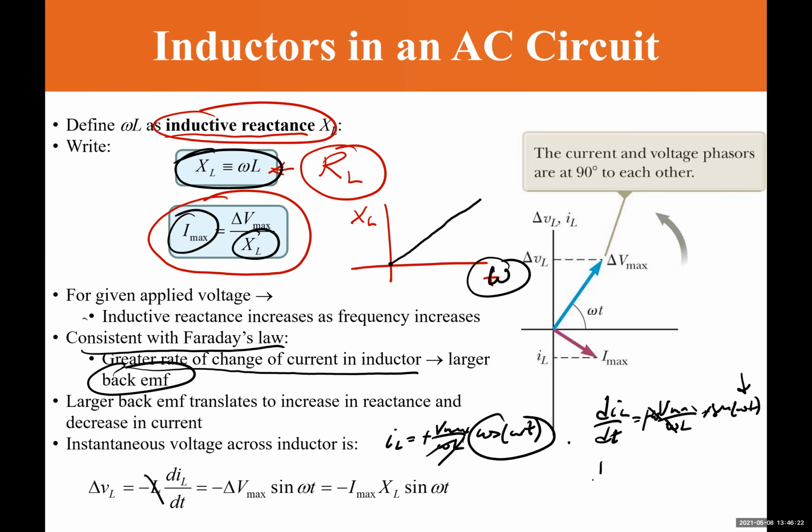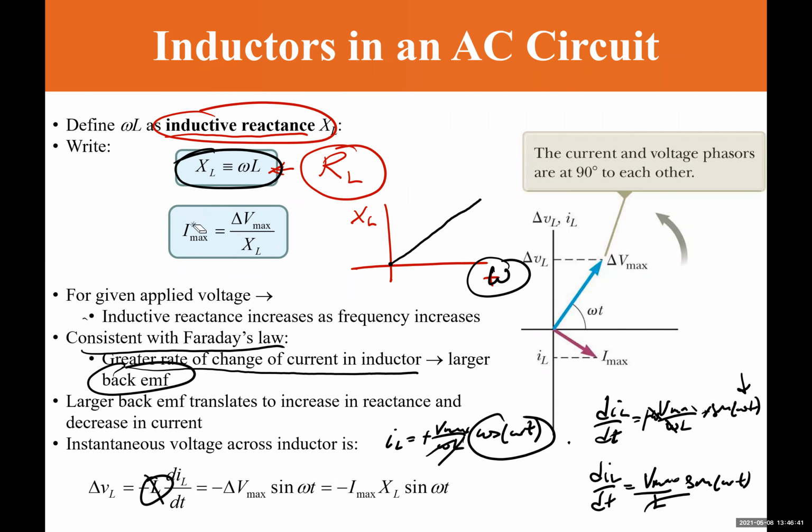That means dI_L/dt equals Vmax over L times sine of omega t. Because there was already another L, that cancels with this, and we get the value of Vmax. Going back to this equation, Vmax is the product of Imax times the inductive reactance: delta Vmax equals Imax times X_L.